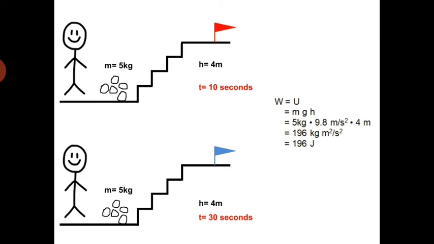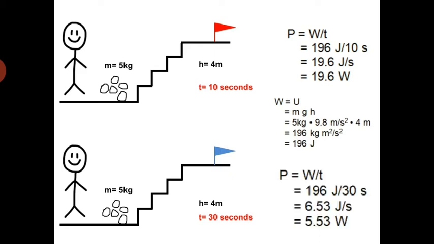Now let us calculate the power of each person in performing the same amount of work. Let's start with person 1. Of course, the work done is 196, and let's substitute the time, which is 10 seconds, and we get 19.6 joules per second, which is equivalent to 19.6 watts of power.